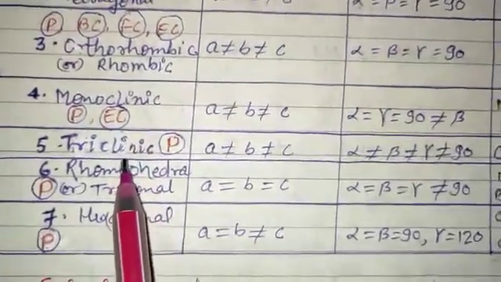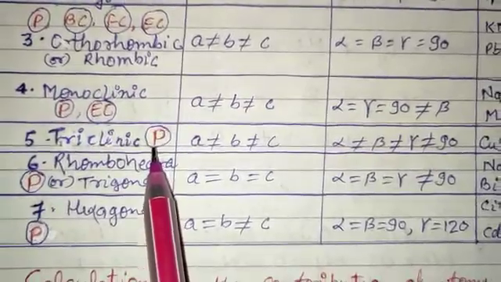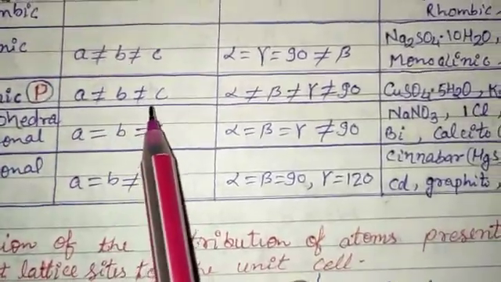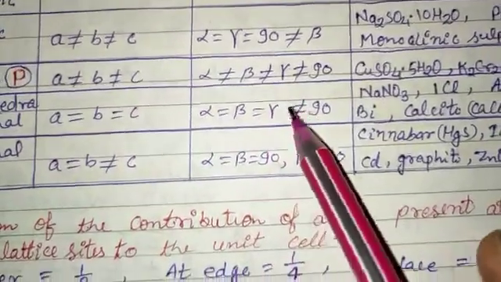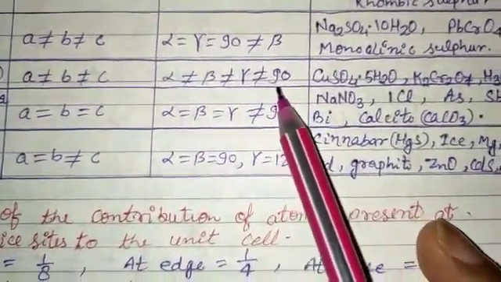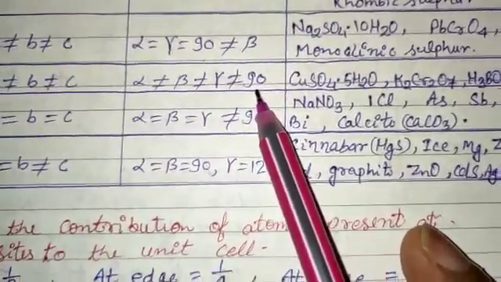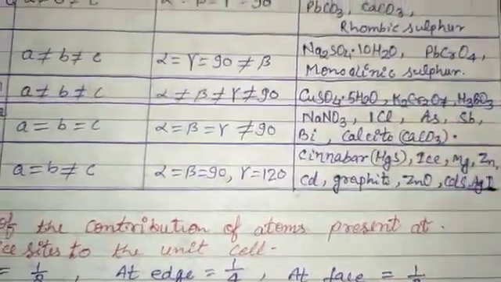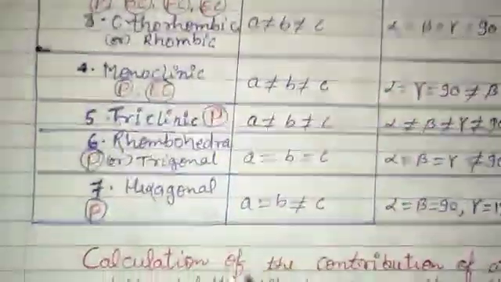In triclinic, only the primitive type is possible, in which all the edges are not equal and all the angles are also not equal, and not equal to 90 degrees. Examples: copper sulfate, potassium chromate.